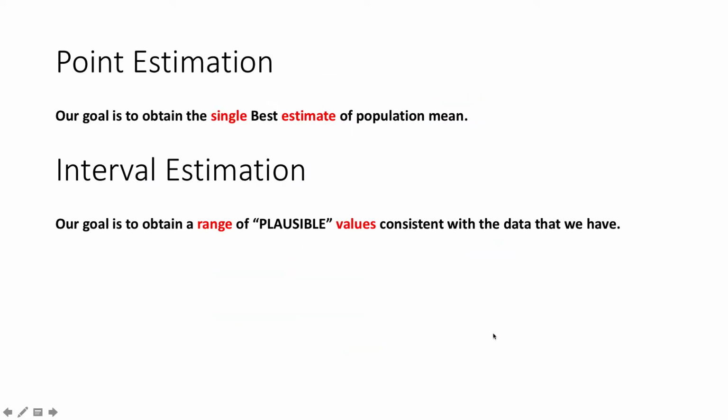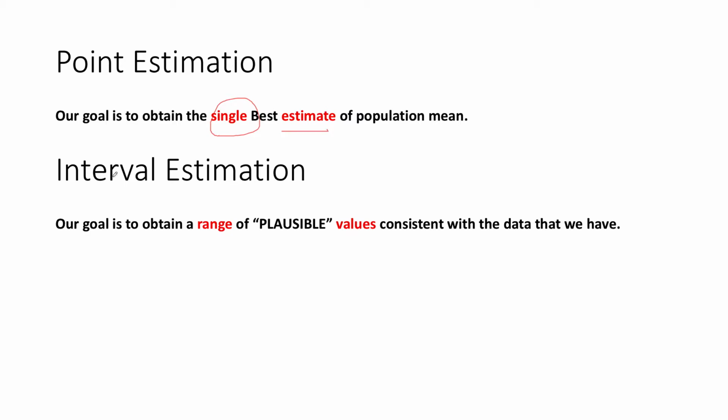Okay, so there are two kinds of estimation you can do. One is point estimation, one is interval estimation. For point estimation, the main thing is we want a single estimate from the sample, to say, well, this is the best we can do to estimate the population mean.